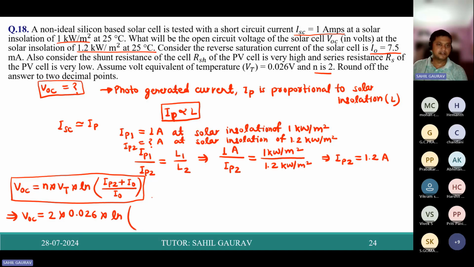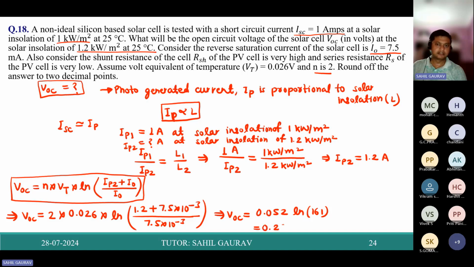Ln, we have found IP2, and I naught is 7.5 milliampere. So the open circuit voltage will be 0.052 ln into 161, so it will come to 0.264 volt.